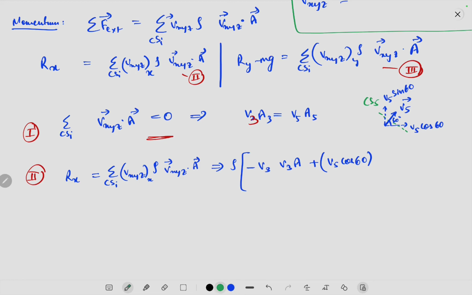Now A vector is pointing along this direction and velocity passing this cross-sectional area is V5. So what is V5 dot A? That is simply V5 times A cos 0, which is 1, so it will become V5 A.